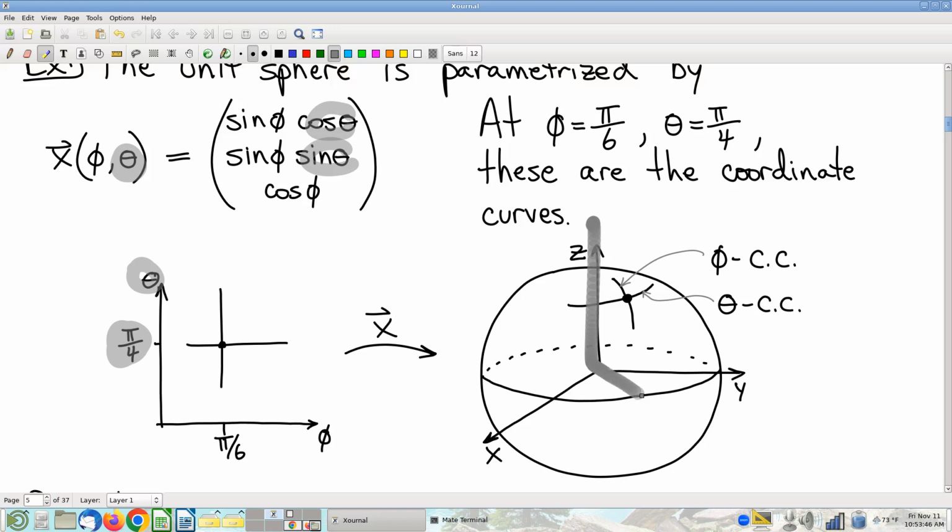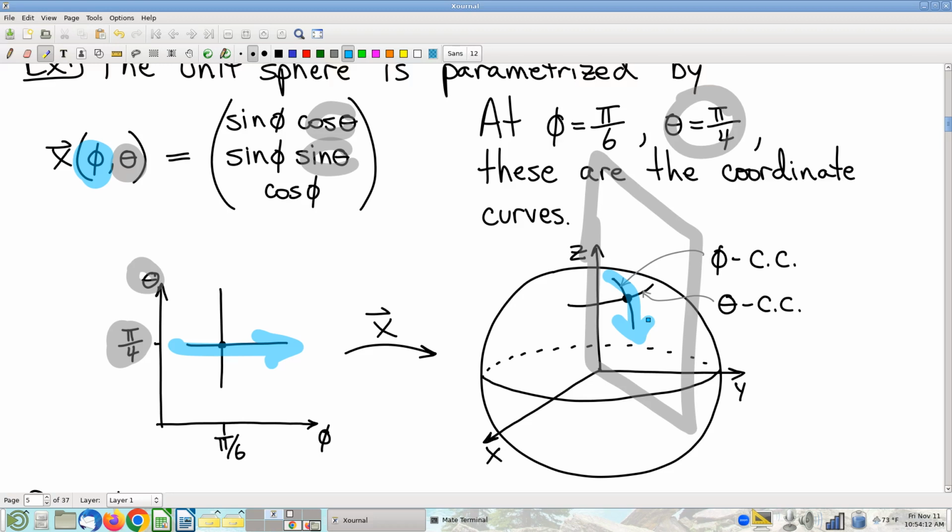Then, moving in the phi direction like that, well, phi is allowed to change. All right, well, then we're just going to be moving down that meridian, that longitude line, if you will, on the surface of the sphere.